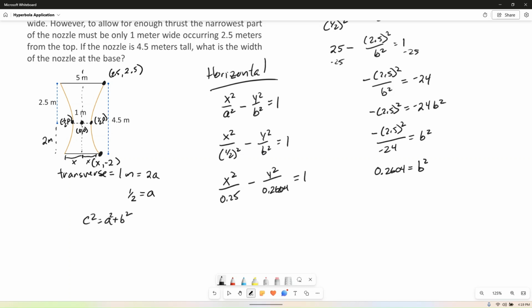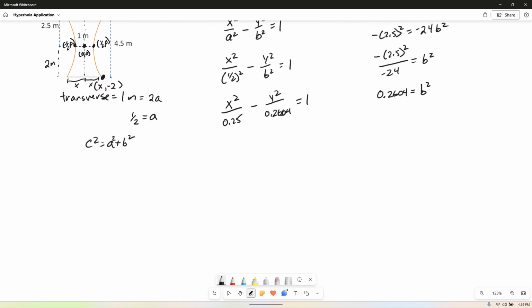So let's plug in a negative 2 for y into our equation, and we'll just leave x. So x squared over 0.25 minus a negative 2 squared over 0.2604 is equal to 1. We can take all of that and plug it into a calculator.